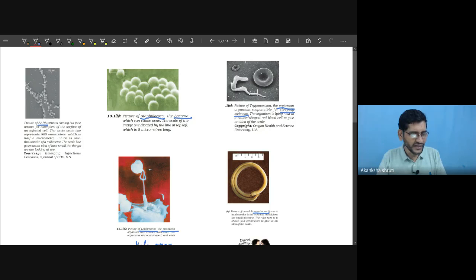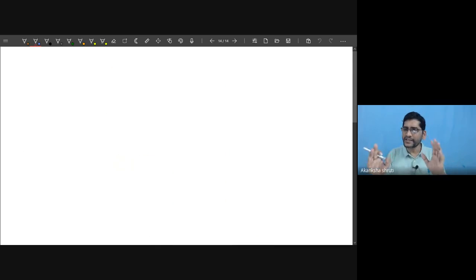Now these organisms have their own pathway of causing the disease or affecting the body. So right. Write down, students. Pathway is the method or the process.